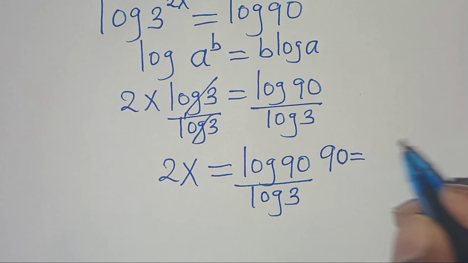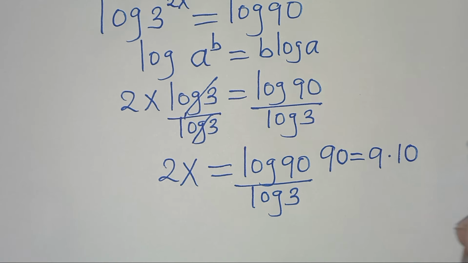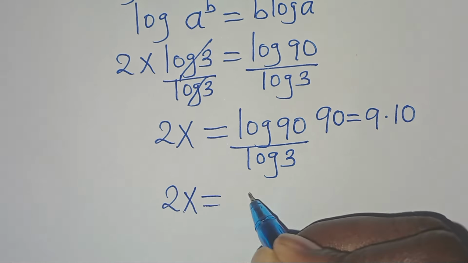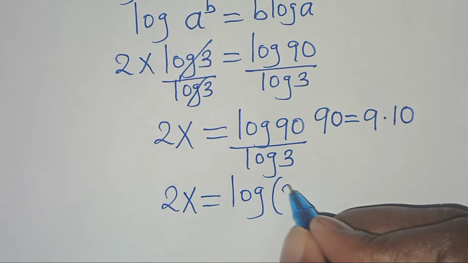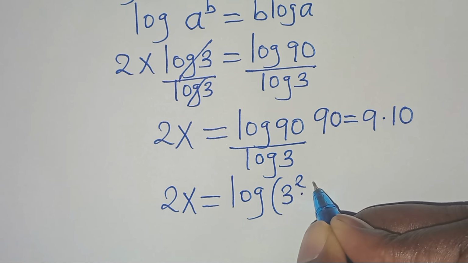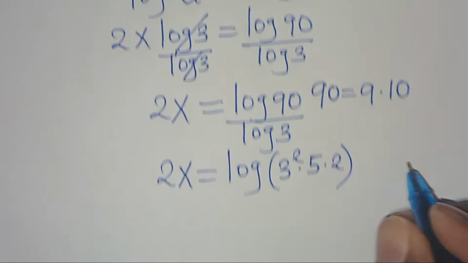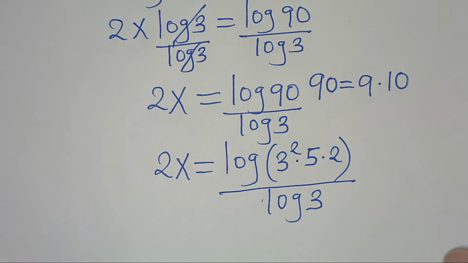This is the same thing as 9 multiplied by 10. So that now this is 2x. This is equal to log 9, which is 3 to the power of 2. Then multiplied by 10, which is 5 multiplied by 2. Everything here divided by log 3.